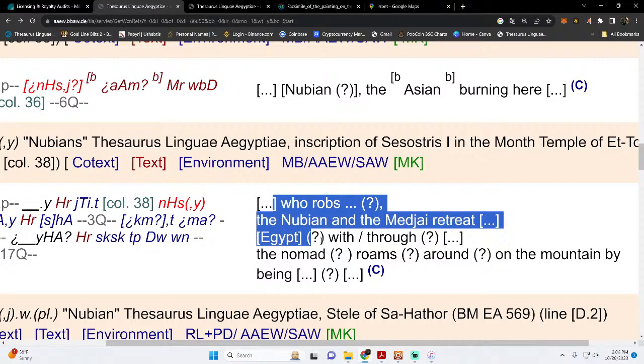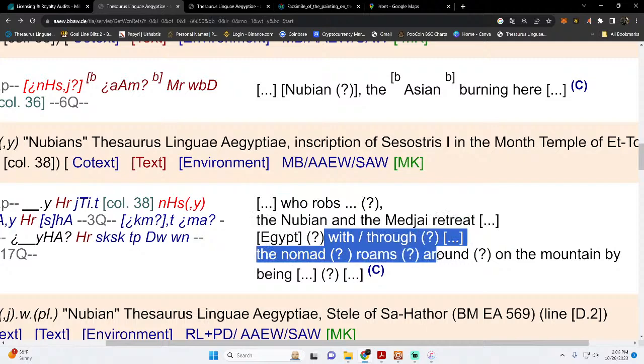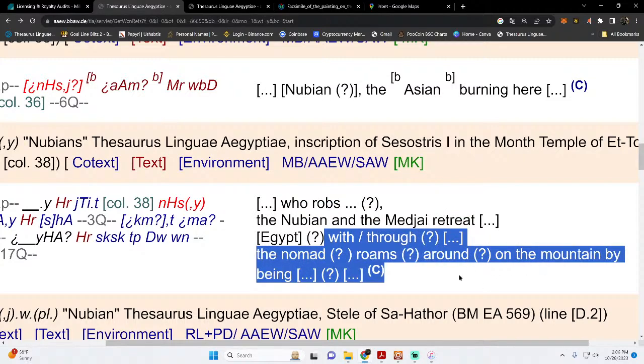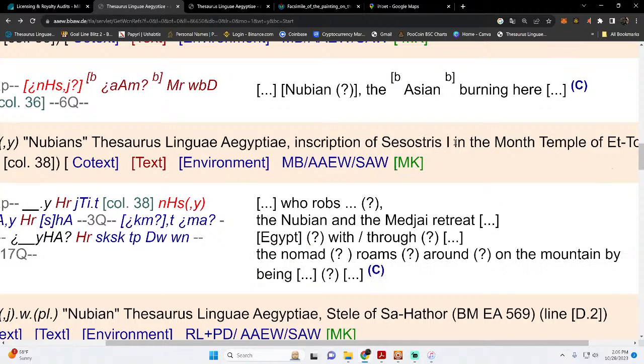So they think it was in Egypt there. With the nomads roaming around on the mountains. He basically was just slandering the Southerners here. Okay, in the Middle Kingdom, Sinuhe. I'm not saying he wasn't one. If we detail how the fight happened, them Heracleopolis kings hooked up with who?